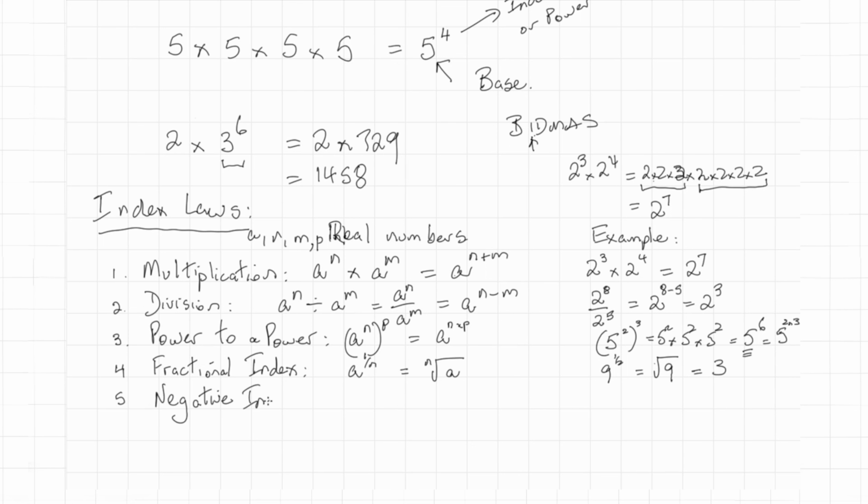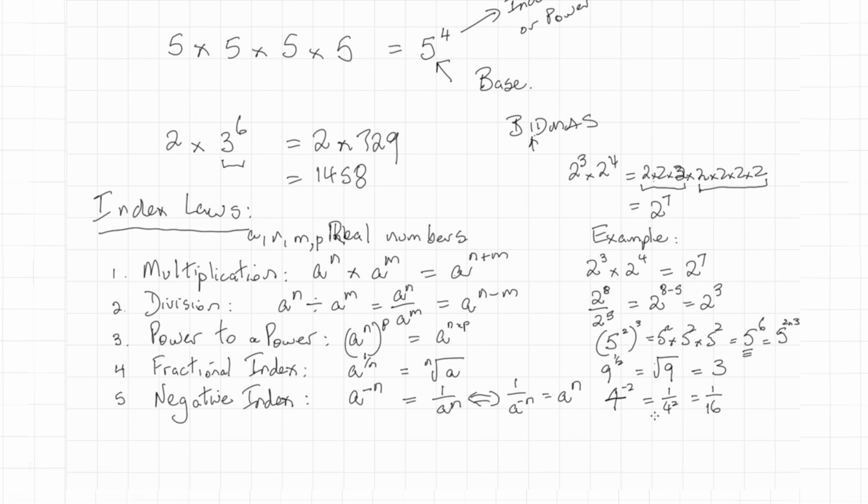If you've got 1 over a to the minus n, that will be a to the positive n. So it could occur in both of those forms. So let's go, 4 to the power of negative 2 equals 1 over 4 to the 2, and that's 1 over 16.